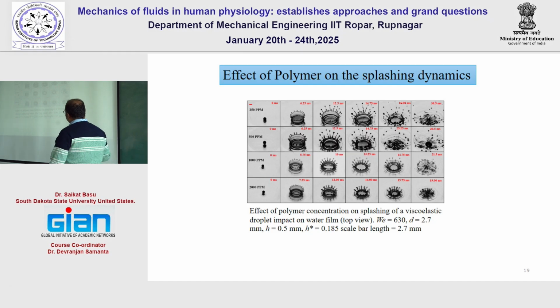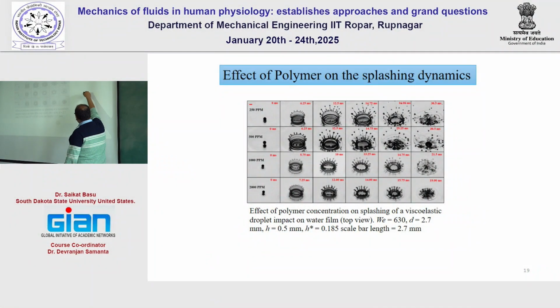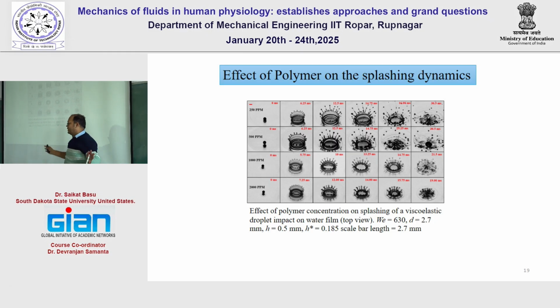Here you can see he changed the polymer concentration, ranging from 250 ppm to 2000 ppm. It shows that at low polymer concentration, as in just water, these small thin structures will readily fragment out.